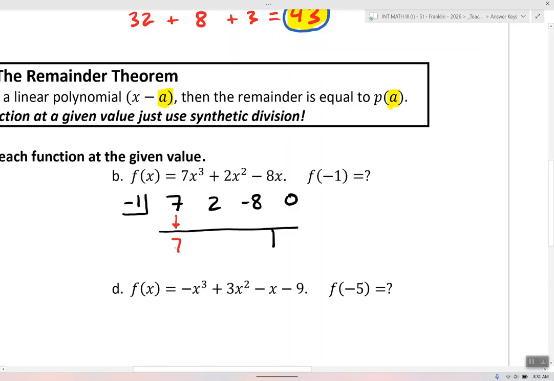Bring down the 7. 7 times negative 1 is negative 7, plus 2 is negative 5, times negative 1 is 5, plus negative 8 is negative 3, times negative 1 is 3, plus 0 is 3. So there's our solution, 3. This is a much faster process than plugging in negative 1 and doing all that work to get the y value. We can just use synthetic division, and it works out the same.